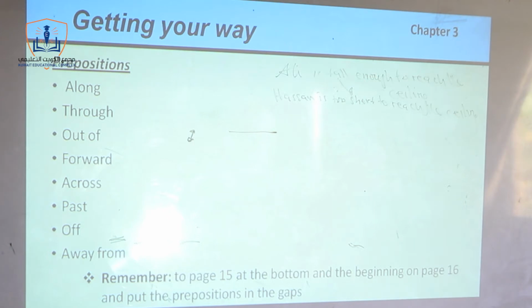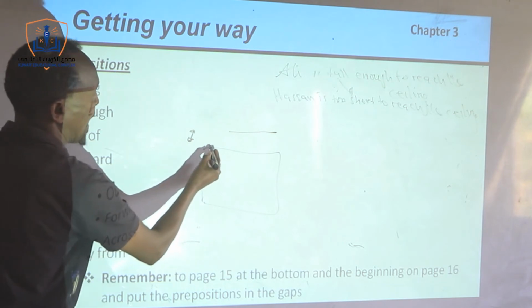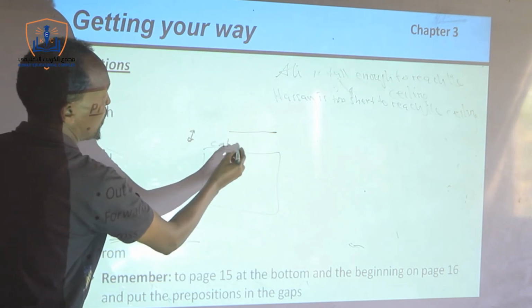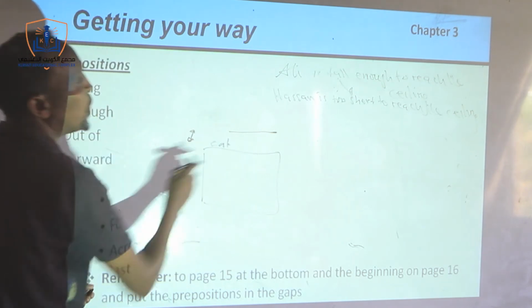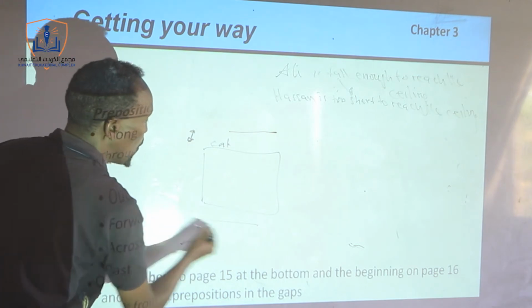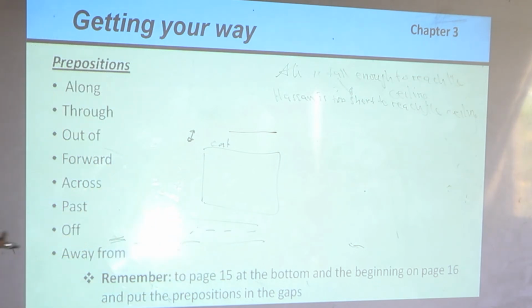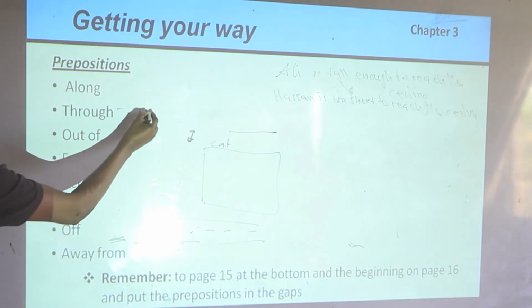For example, here is a wall, and there's a cat running along the wall. He was walking along the street. The word through means in.